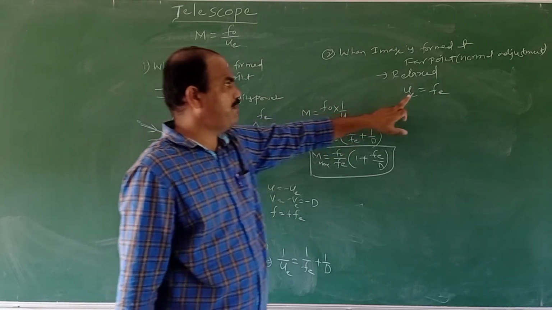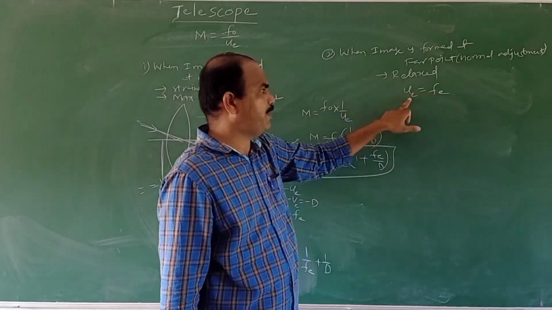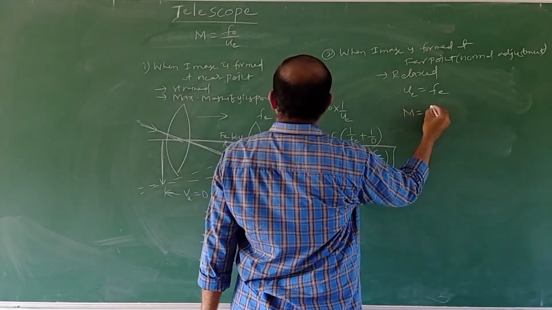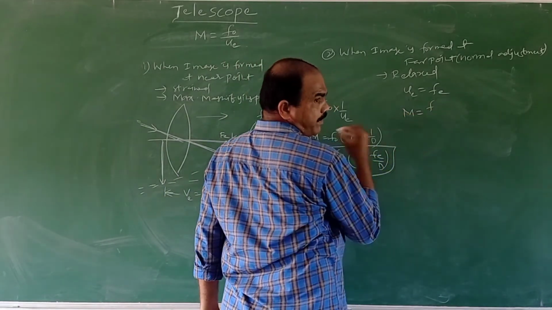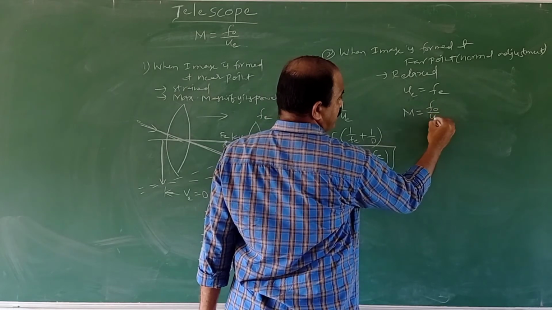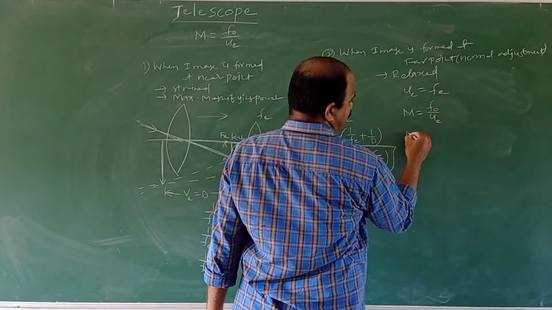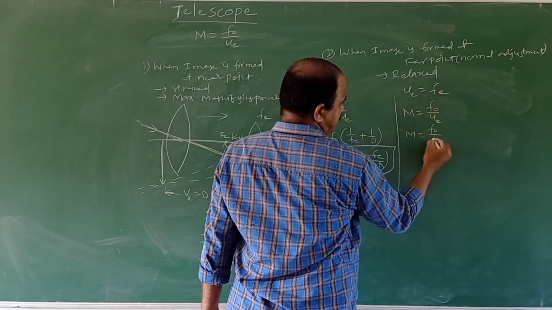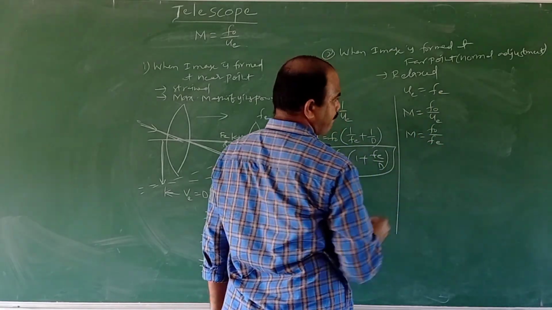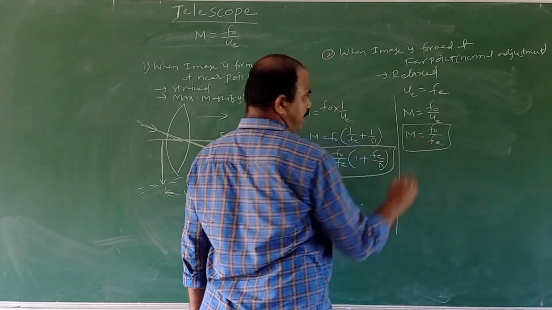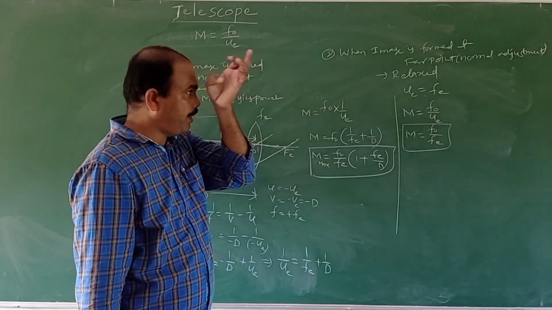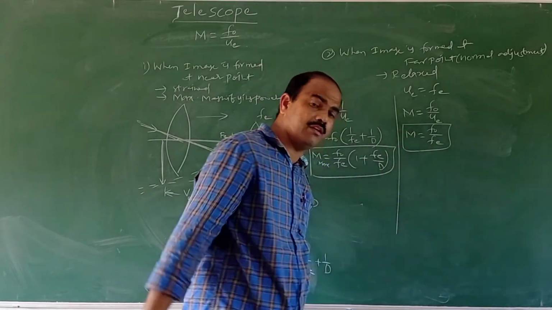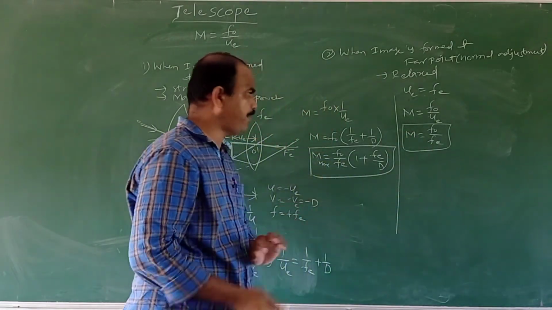So when I substitute f_e in the place of u_e, what do you get? What is the magnifying power of the telescope? m equals f_o by u_e, and u_e is nothing but f_e. So m equals f_o by f_e. This is the magnifying power of the telescope when the image is formed at the far point. It is the minimum magnifying power, and the earlier one is the maximum magnifying power.